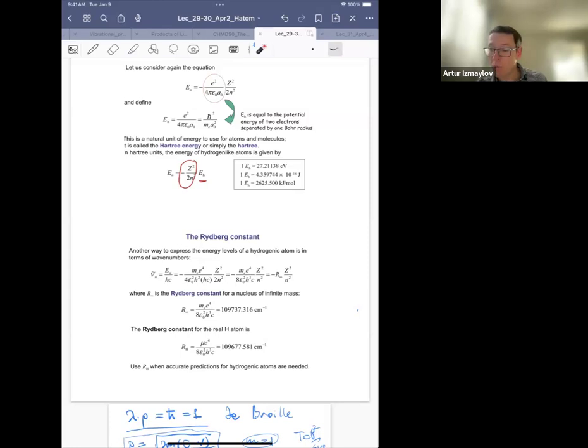So then the whole problem, and we don't go into this, I think, in this course, is the nucleus and the electron, and these two particles are represented as a center of mass that has the reduced mass, plus a coordinate which is the difference between the nuclear coordinate and the electronic coordinate.